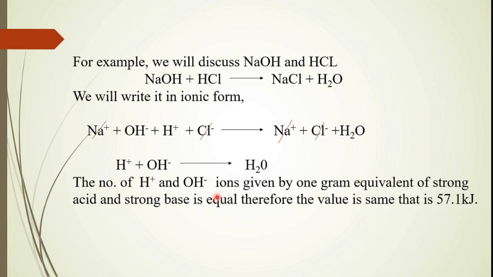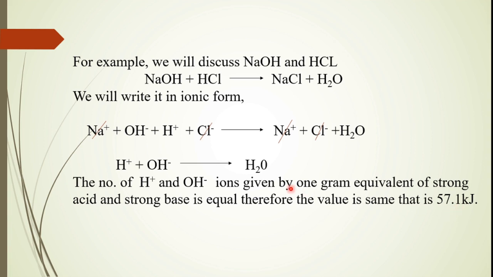As we said in the definition, 1 gram equivalent of a strong acid and a strong base will produce the same number of H+ ions and OH- ions. So the H+ and OH- ions that react with each other are the same for 1 gram equivalent of strong acid and strong base, and therefore the value is the same, that is 57.1 kilojoule.